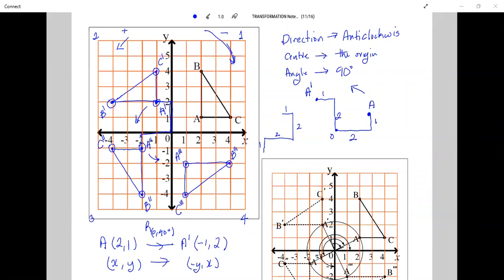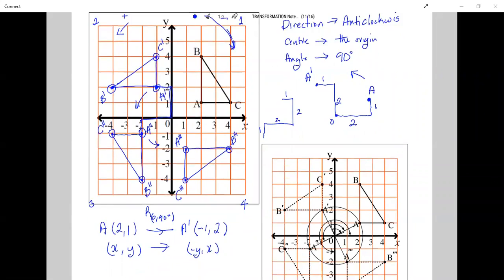In other words, the coordinates interchange, meaning that they switch positions, and the sign of the new x coordinate is changed. So the coordinates switch position: x became y and y became x, and the sign of the new x coordinate changes.